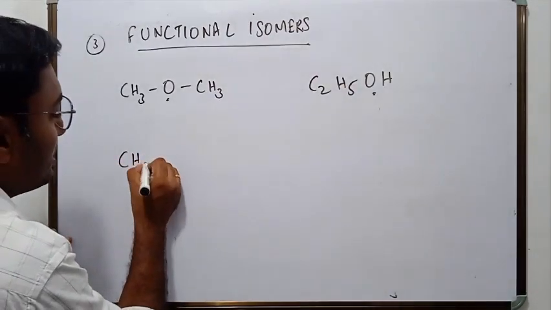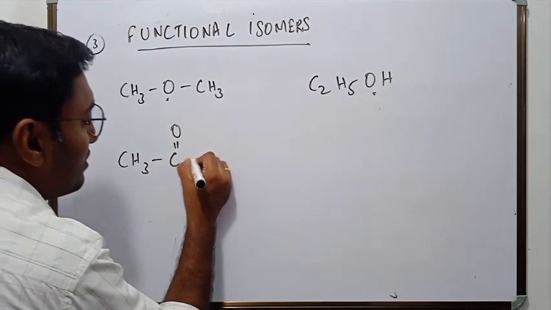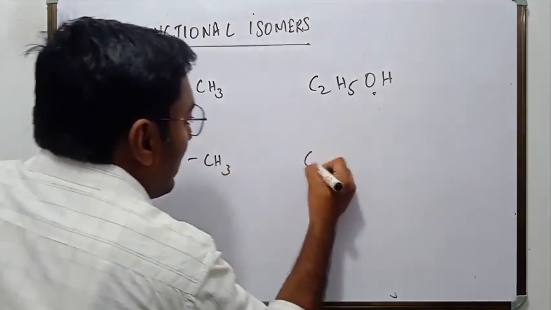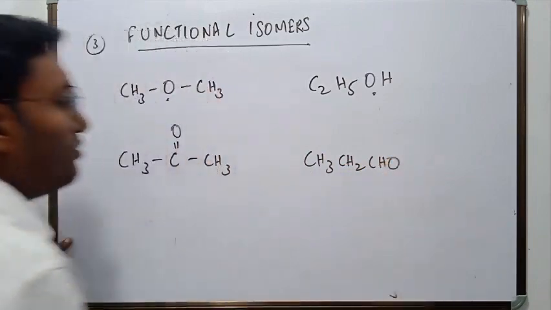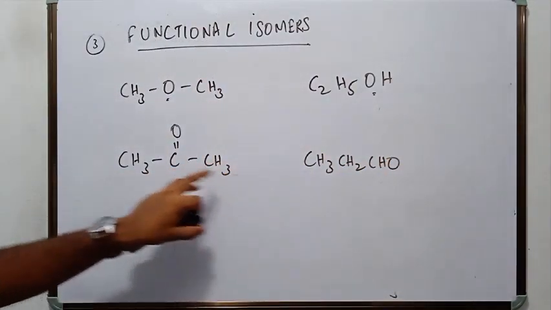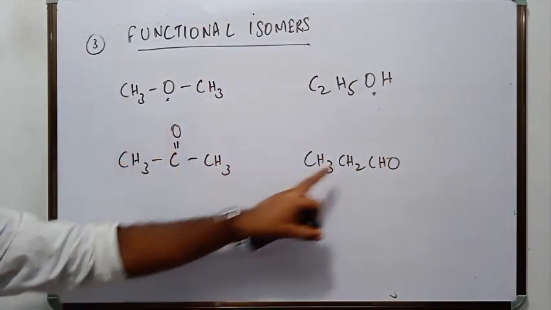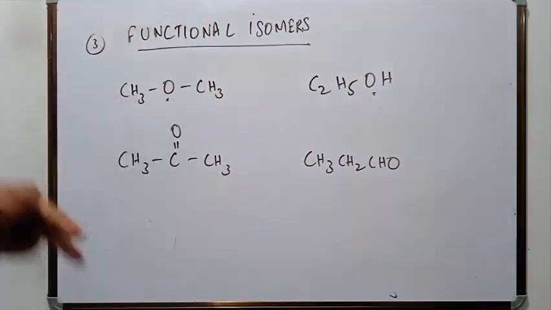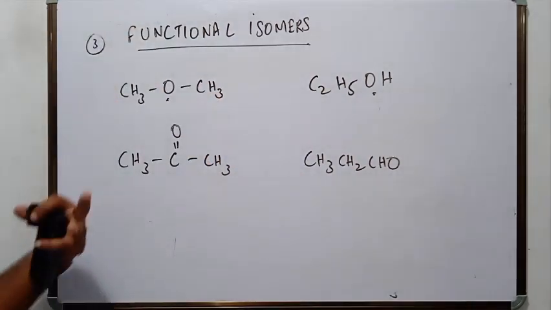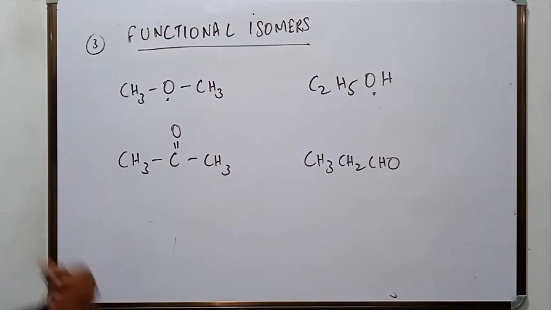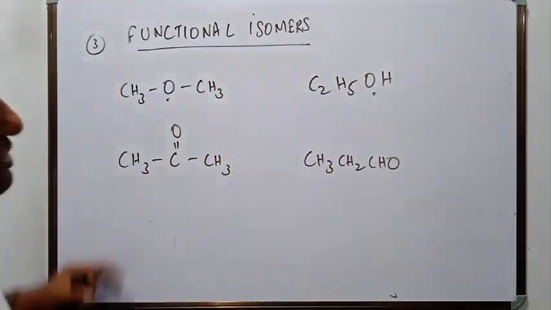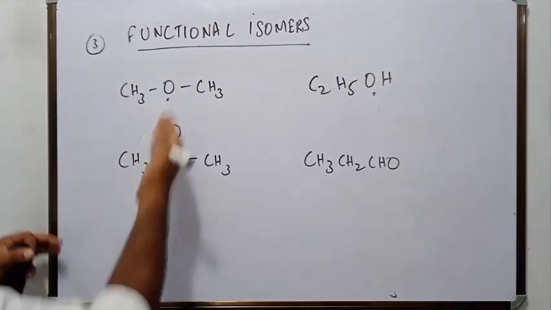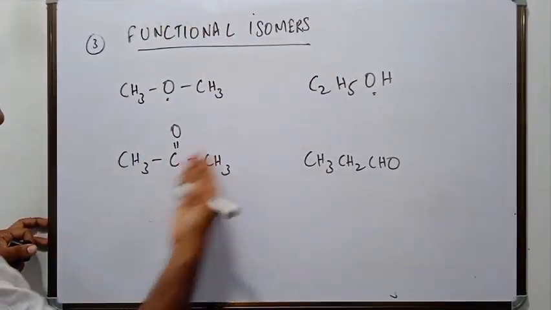This is ketone, acetone and acetaldehyde. Both of its molecular formula is same. The difference is the functional group. So functional isomers are those isomers in which the functional group is different, or they are those isomers which belong to different class of compounds. Here we have seen two examples: dimethyl ether, ethanol, acetone, acetaldehyde.